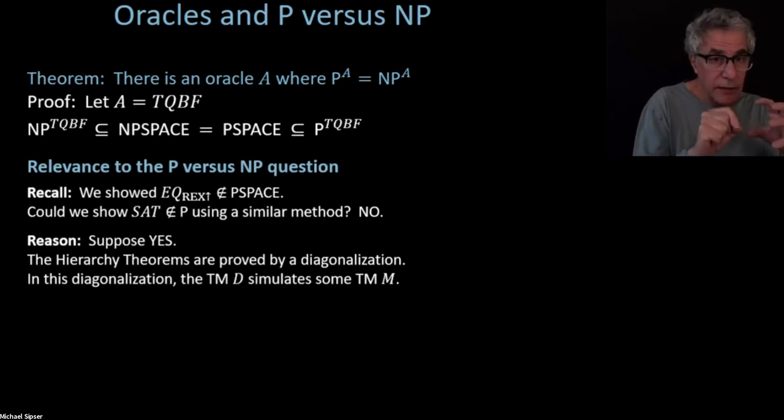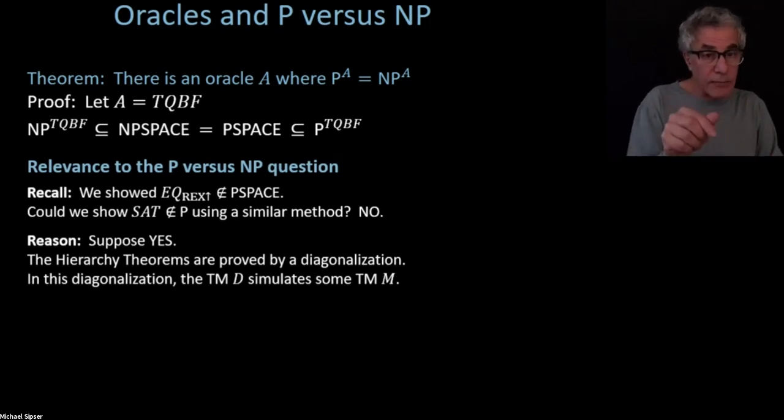Right? That's how D was defined. It wants to make sure its language cannot be done in less space, so it simulates the machines that use less space and does something different from what they do.